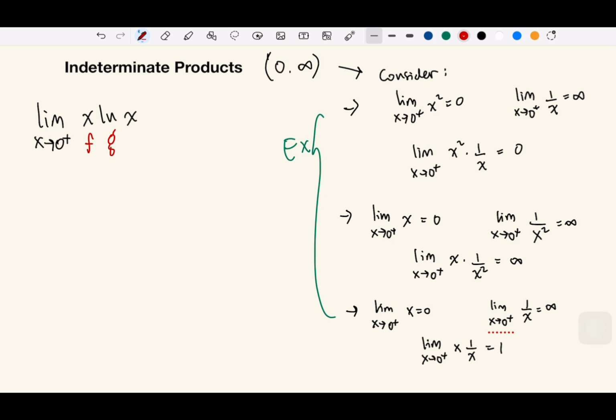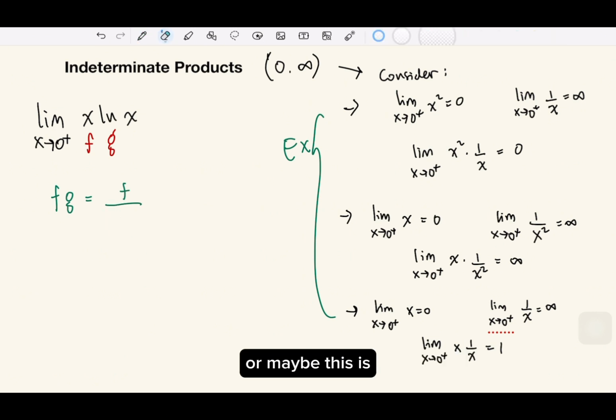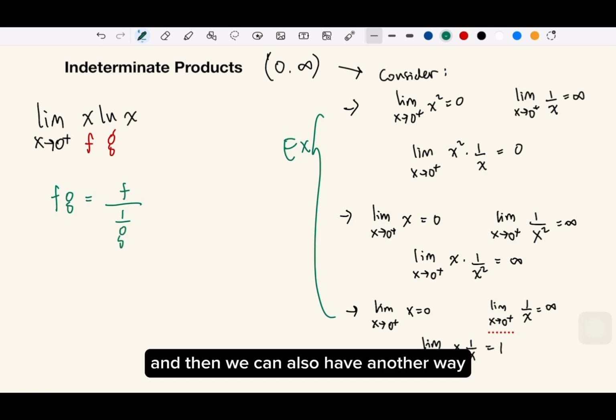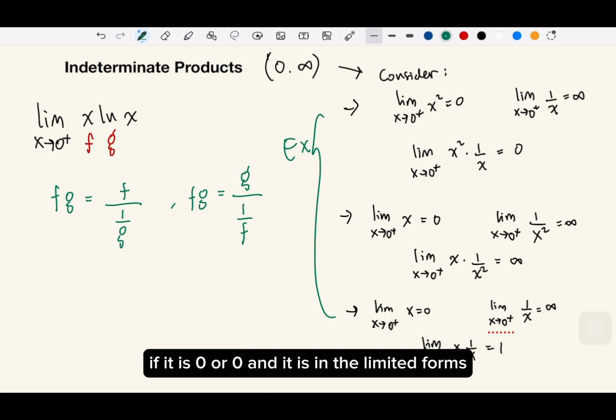For example, we can rewrite f g as f over 1 over g, which is still true, right? And then we can also have another way, it's g over 1 over f. So for both of these, if we check each one of them and it is 0 over 0 or an indeterminate form, then we may apply the L'Hopital rule the same as the previous one.